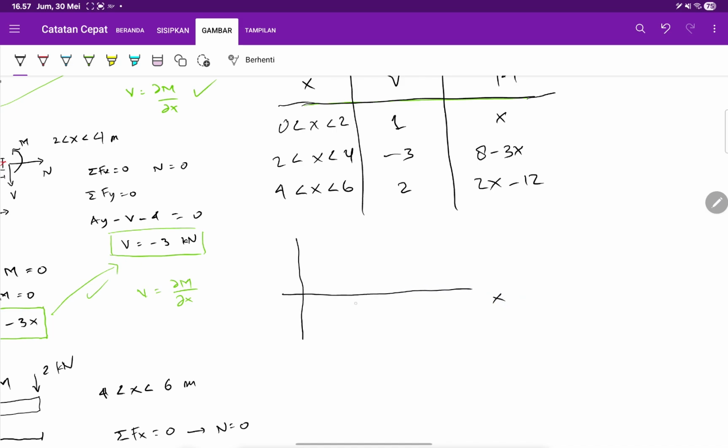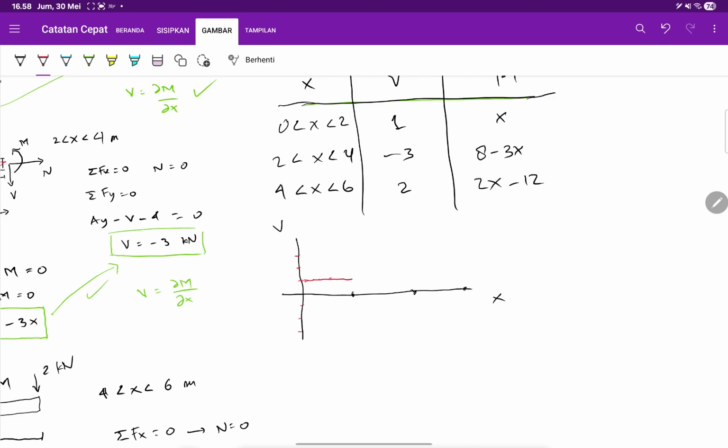This is x, and this is the v. In the beginning, they are 1, 2, 3. So there should be 1 from 0 to 2.